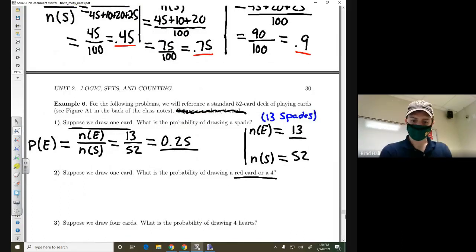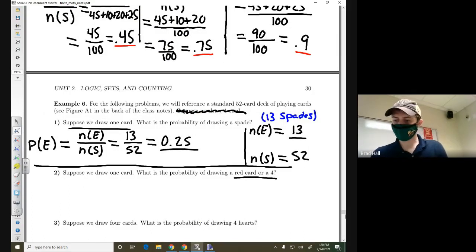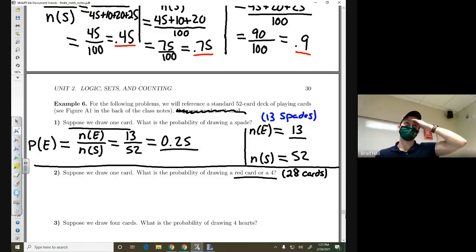So let's see if we section this off. 28 cards, just to keep that number in mind. There's 28 cards that are either red or a 4, not 30. There is a formula we actually learned that sort of explains this as well. I'm going to erase this almost immediately, so don't write this.